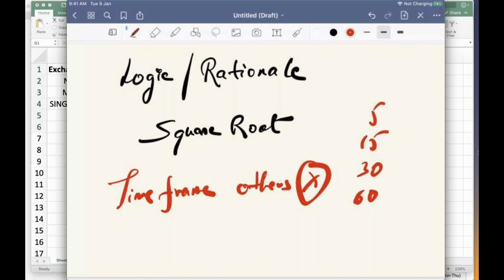See, the general public will be looking at 5 minute, 15 minute, 30, 60, etc., by default. I'm not saying that they are ineffective or not so sufficient time frames, or I'm not trying to say that the square root time frame will give you some kind of a secret advantage.